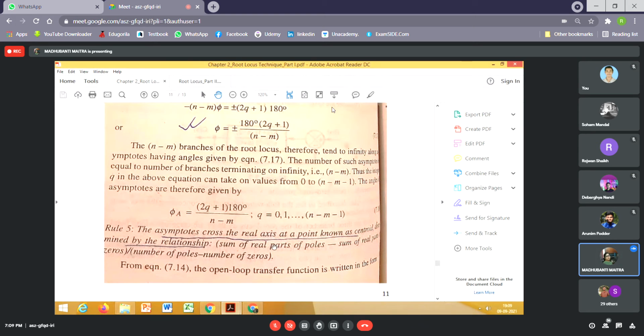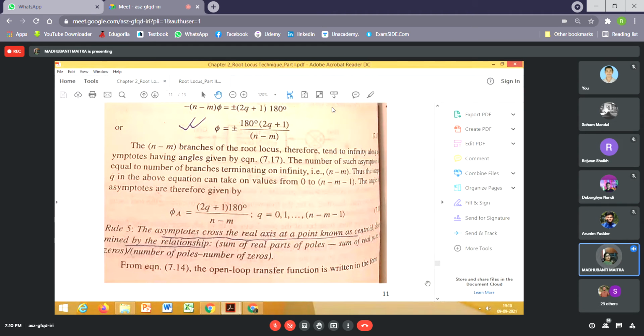The asymptotes cross the real axis at a point known as centroid. So if we can determine the centroid, then we'll be able to draw all the straight line asymptotes, because we know the angles, and we know that all the asymptotes will pass through this point on the real axis, which is the centroid.